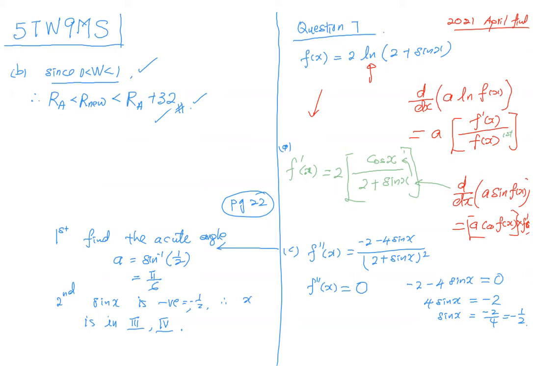So my x, if it's in third quadrant, you still remember the formula? Pi plus the acute angle. That is the formula. Are you clear? Depend on which quadrant the angle is in. If the angle is in first quadrant, it will be equal to the acute angle. That's it.